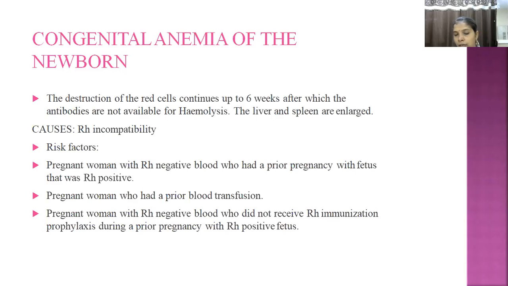She might not even have been pregnant previously. In the first pregnancy itself, she might have developed antibodies from the previous exposure. Another risk factor is pregnant women with RH negative blood who did not receive RH immunization prophylaxis during a prior pregnancy with an RH positive fetus.